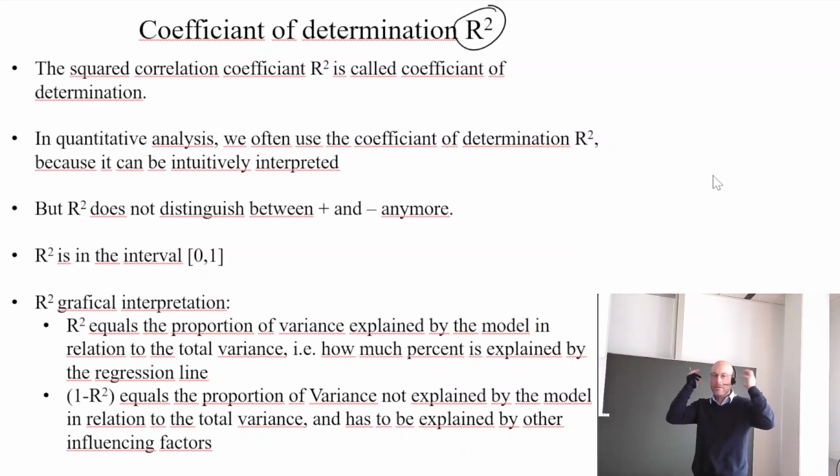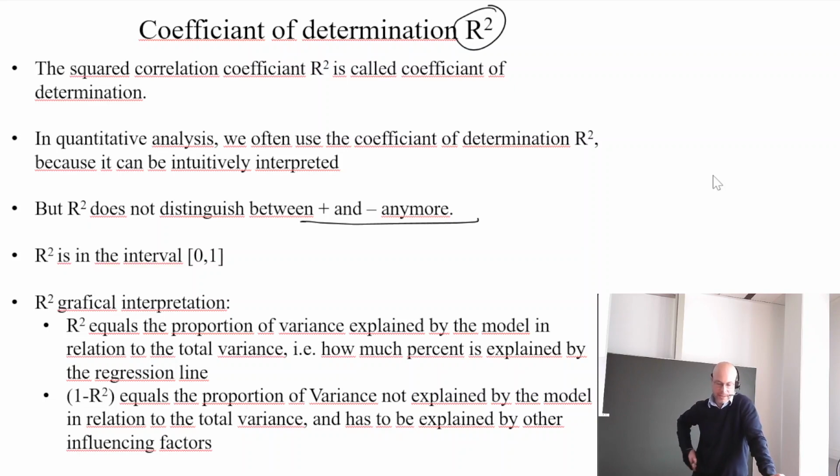But maybe you can keep in mind, well, looking at the data, I already have seen that my linear line is decreasing or is increasing. So we have not this plus minus anymore, but why do we do this?